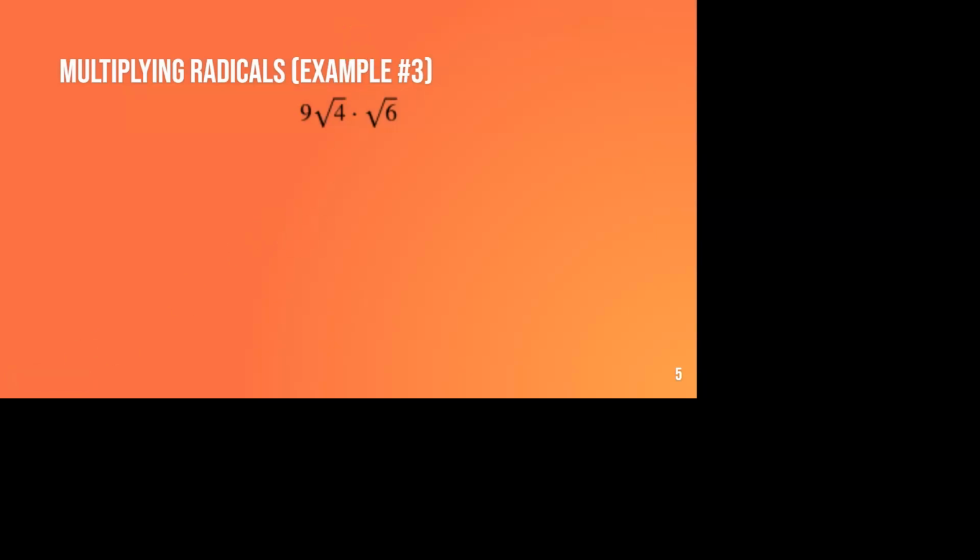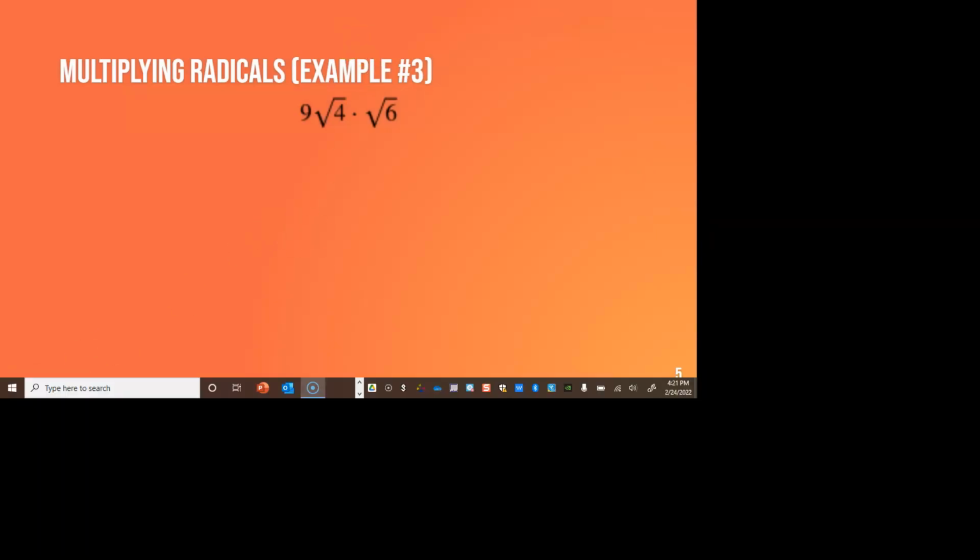Let's look at example 3. We have 9 radical 4 times radical 6. When you're missing a number in front of the radical, that number is actually 1. So you're going to multiply 9 times 1.